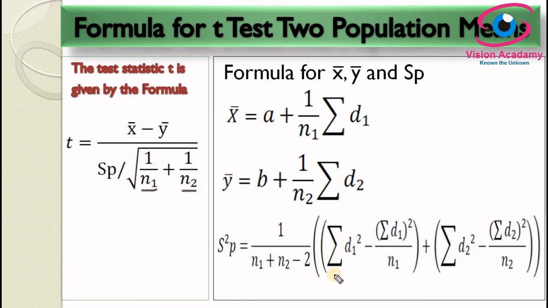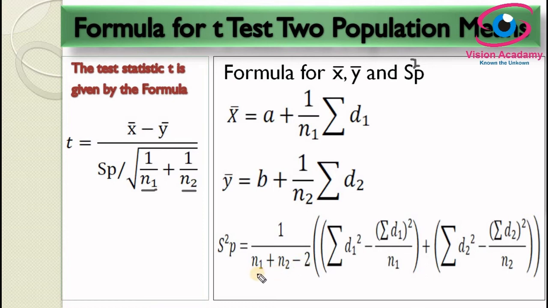Actually, this is a very simple formula that you need to understand. So I'm going to calculate S squared p firstly, then I will take the root of it, and it will be considered as the standard deviation SP. Firstly, I will consider the sample variance. To calculate the sample variance, it is common that 1 by n1 plus n2 minus 2.